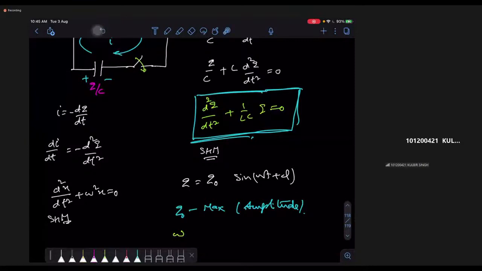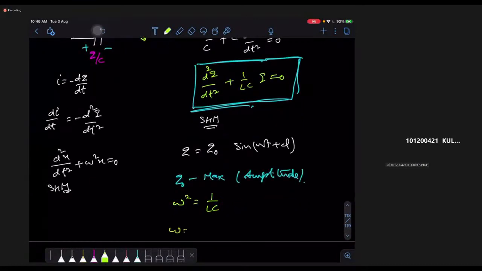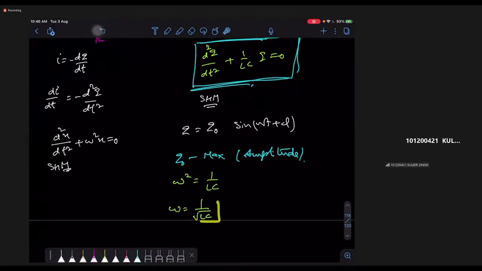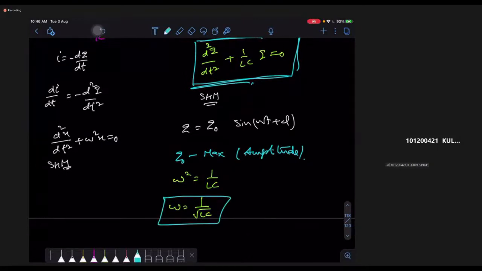If you compare with the equation of SHM, the coefficient of x gives omega squared. And what is the coefficient of x here? The coefficient of x here is 1 by LC. So this system is going to oscillate with the frequency 1 by root LC. This 1 by root LC is the oscillation frequency, the frequency by which your system oscillates.